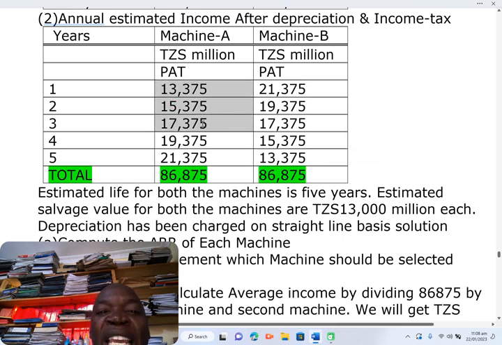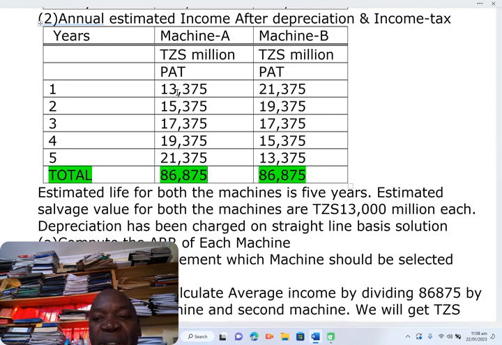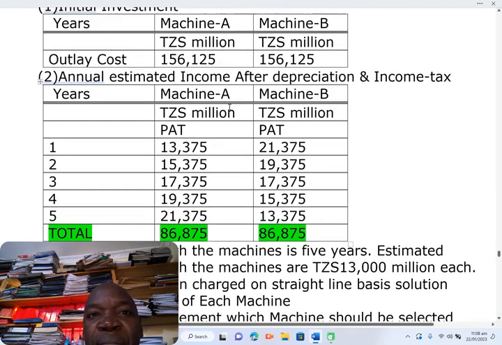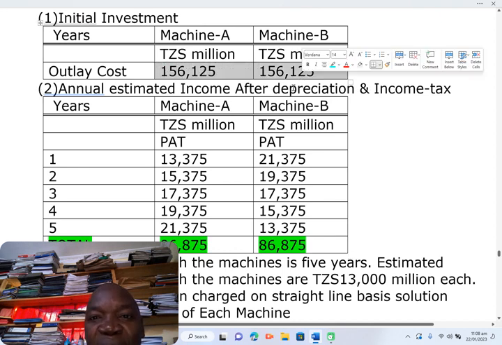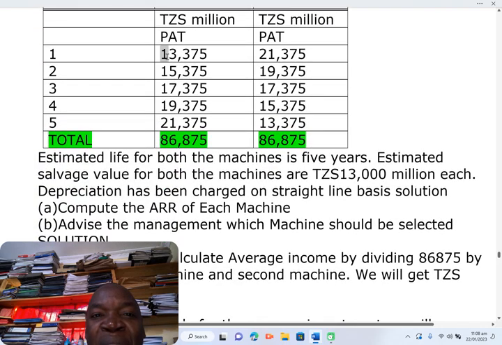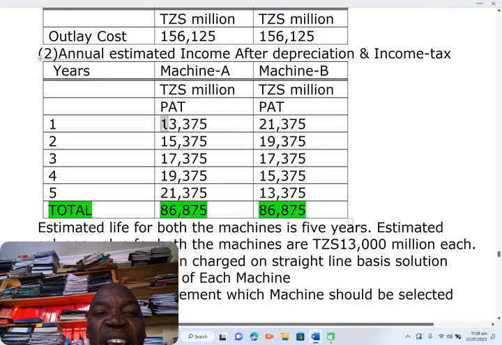They are what we call uneven cash flows when you compare with project B. If you want to decide which to implement, the machines have the same outlay, but the cash flows are uneven.